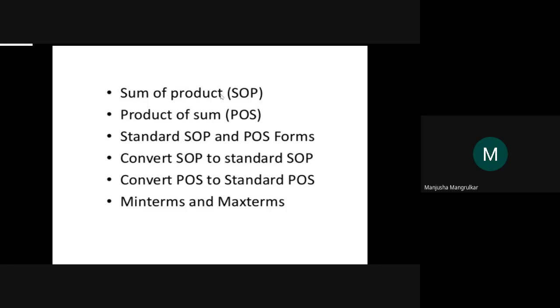The sum of product, SOP, and the product of sum, POS. Their standard forms, sum of product and product of sum form. Convert the sum of product to the standard sum of product, convert the product of sum to the standard product of sum, and their min terms and max terms we are going to see today, right?